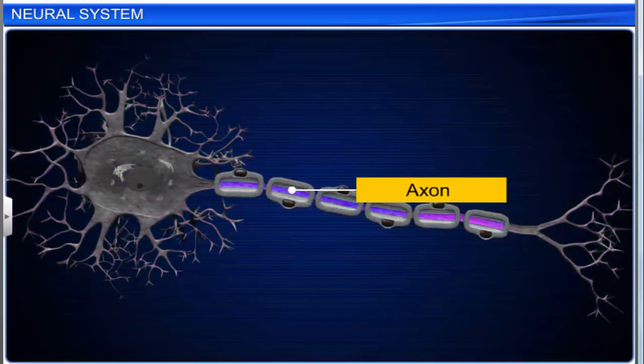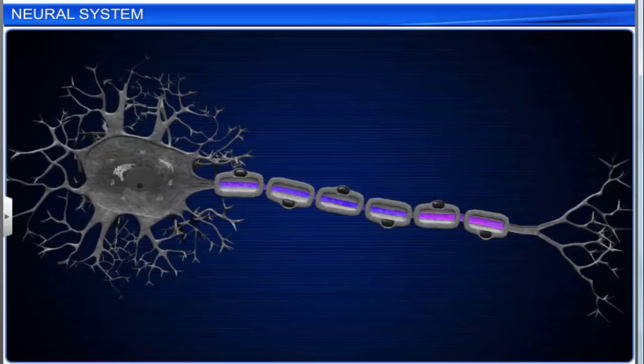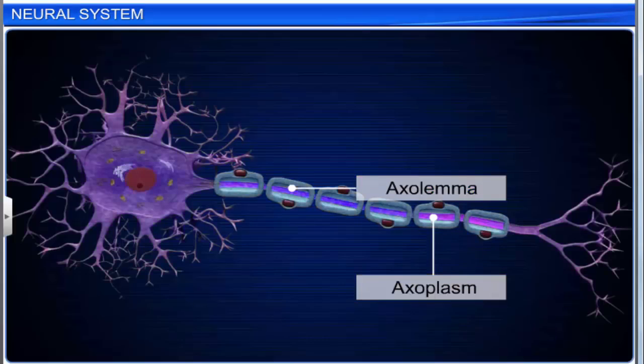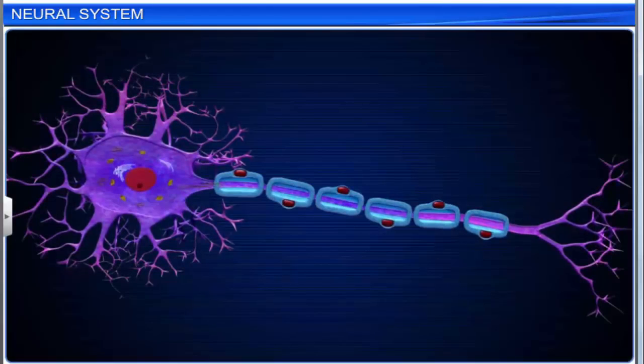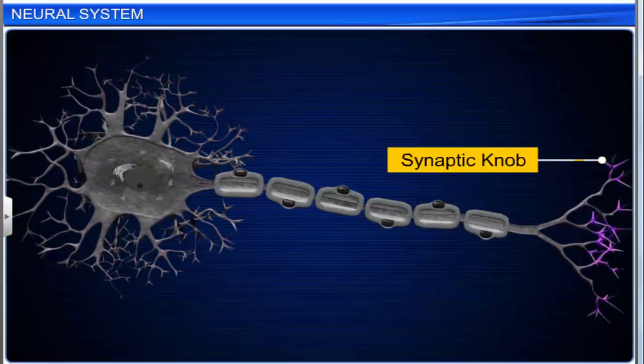An axon is always single. It is covered by a plasma membrane called axolemma. The inner fluid of an axon is known as axoplasm. The distal branched end of an axon forms a knob-like swelling called a synaptic knob.